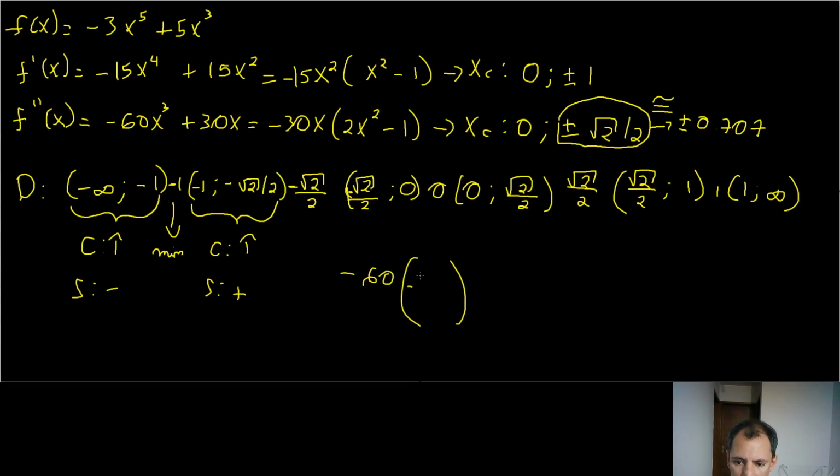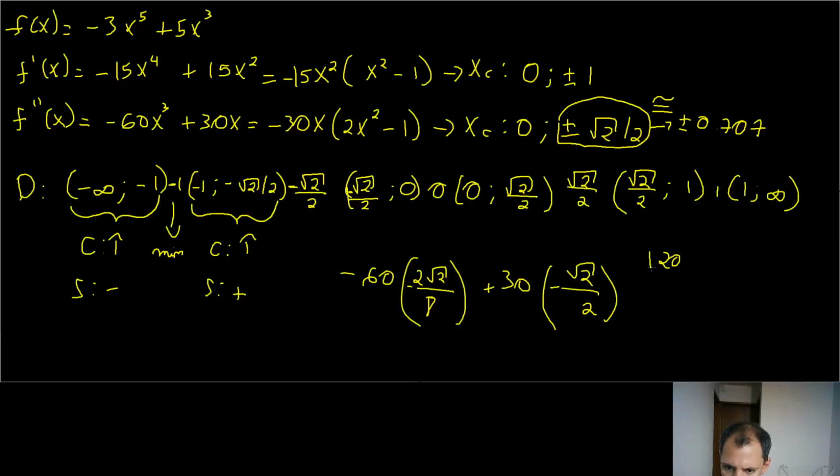This is going to be 2 square root of 2, so you have 8 here, plus 30 times negative square root of 2 divided by 2. Let me just think here for a second. So this is going to be a positive thing: 120 square root of 2 divided by 8, so 60, 30, 15. I'm just going to put a 15 in here.